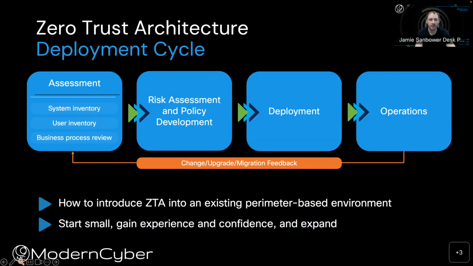Along with the maturity, you should start with some level of system and user inventory and a level of understanding of business processes as it relates to security operations. How does a user that can't get to an application tell the organization that that's occurring? Is it a help desk ticket?